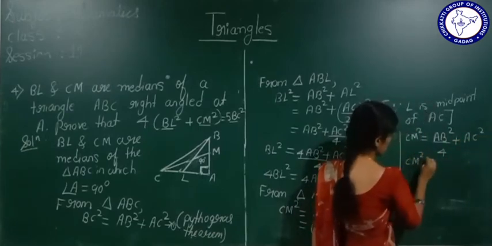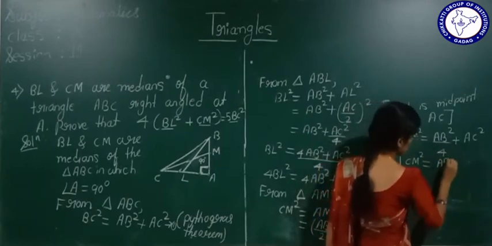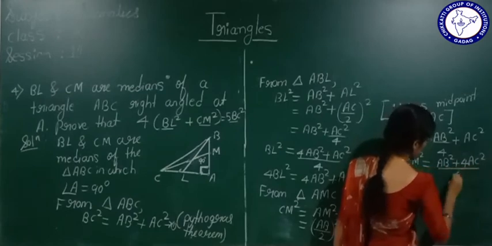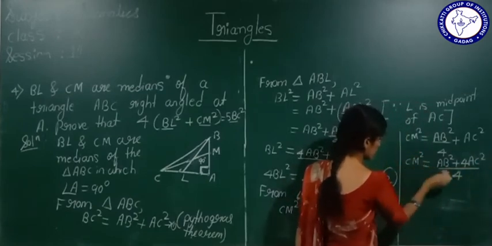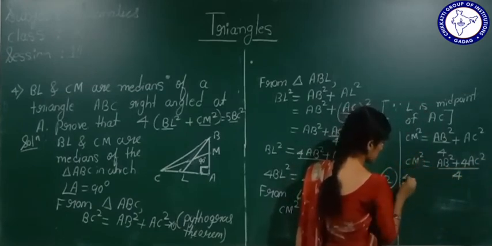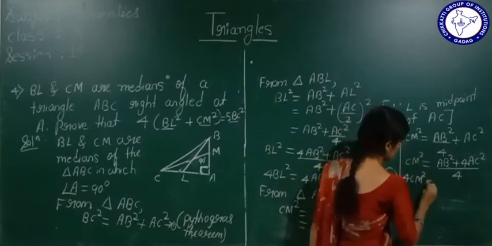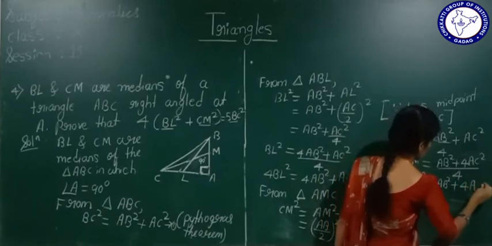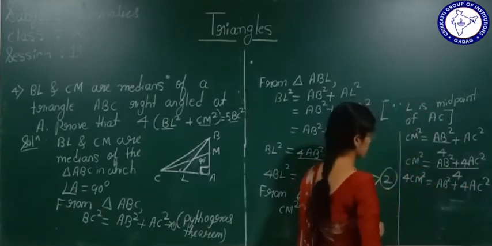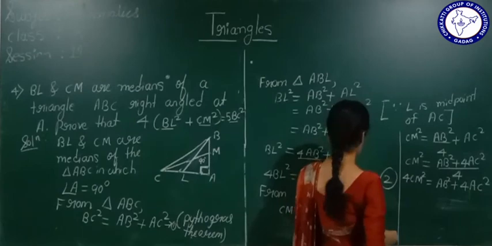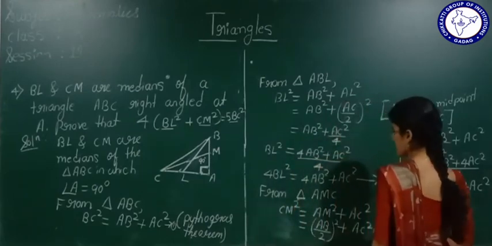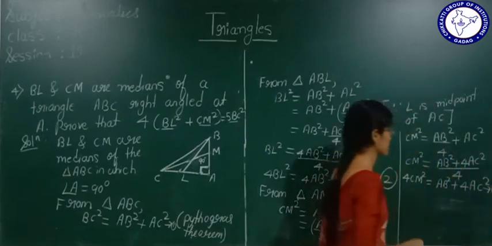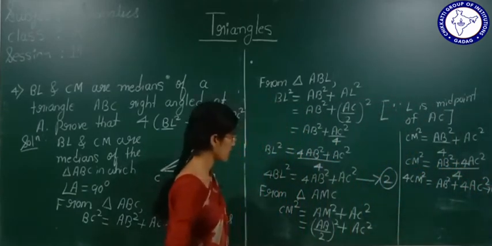CM square is equal to AB square plus 4AC square by 4. The 4 will go to the other side and become multiplication. 4CM square is equal to AB square plus 4AC square. Call this equation number 3.